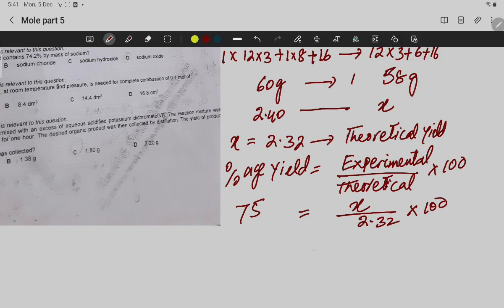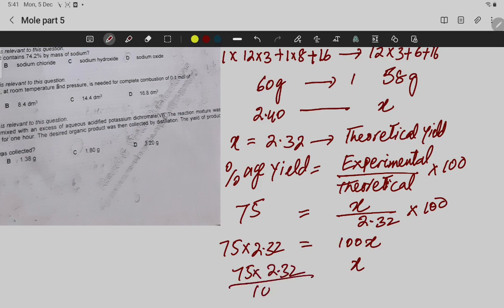So 100x is equal to 75 into 2.32, and x is equal to 75 into 2.32 divided by 100.